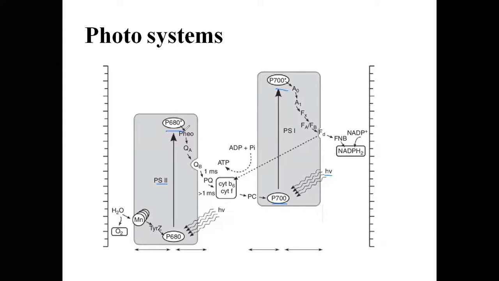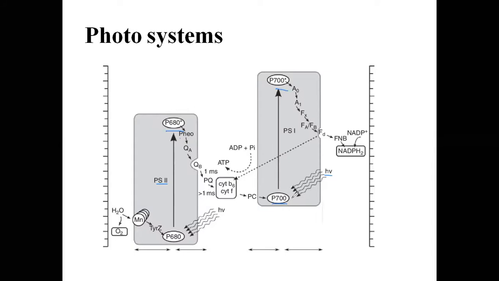Now this energized molecule donates electrons to a series of electron carriers that ultimately donate the electrons to P700 of photosystem 1. So who are the series of electron carriers? First carrier, second carrier, third, fourth, and with the help of these, the electron absorbed by P680 is transferred via these electron carriers to P700.